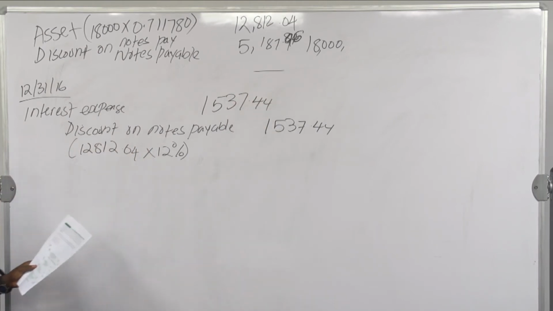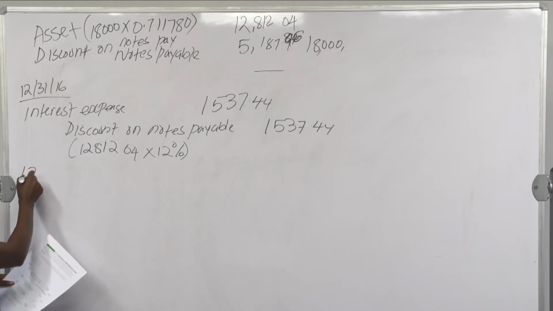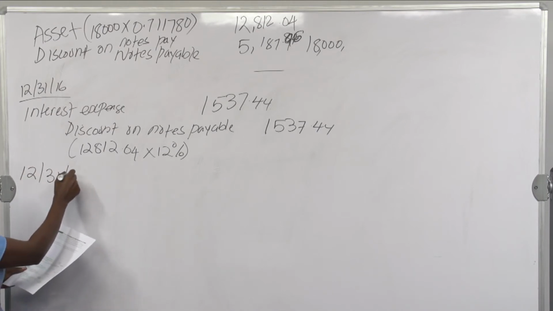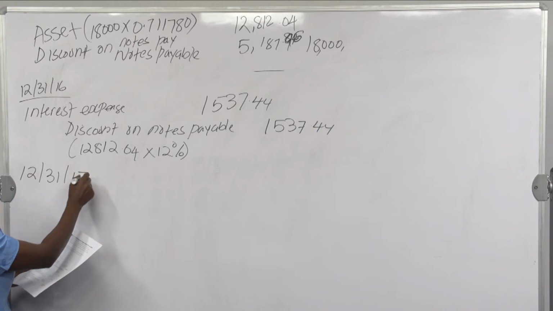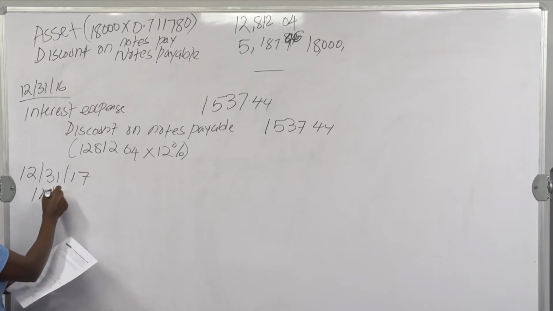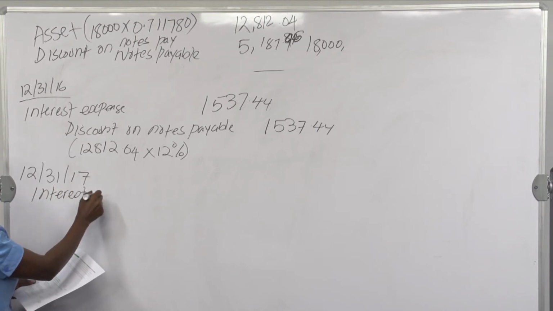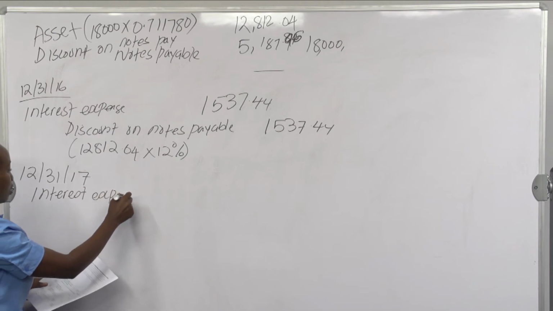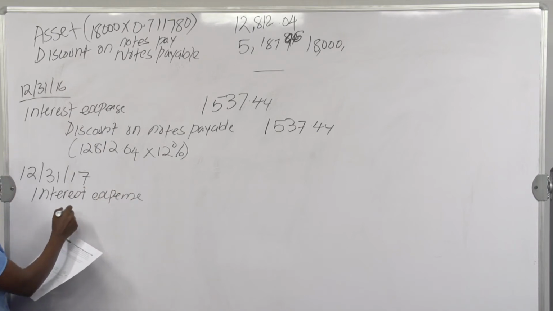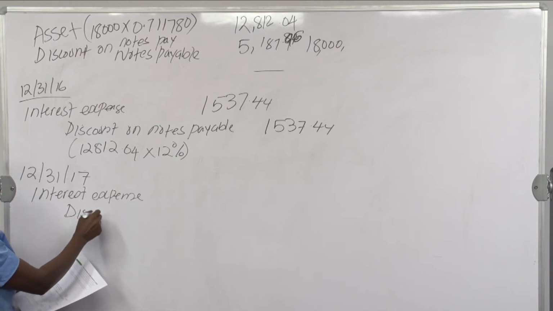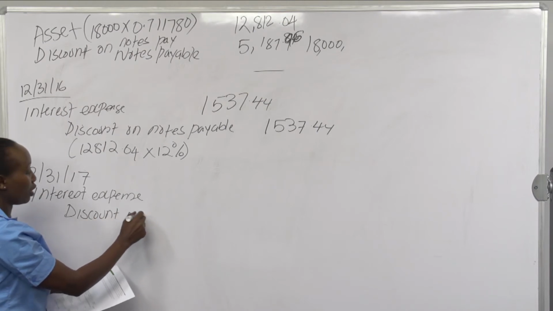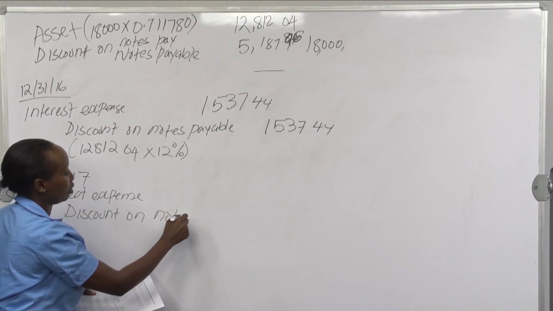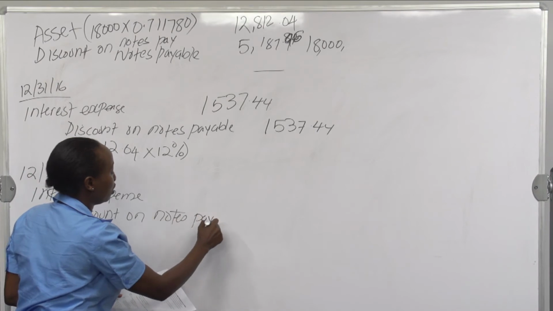Come December 2017, we'll do the same. We have an interest expense as well as an amortization of the discount on notes payable.